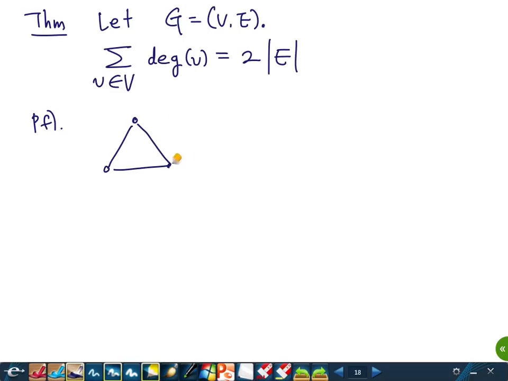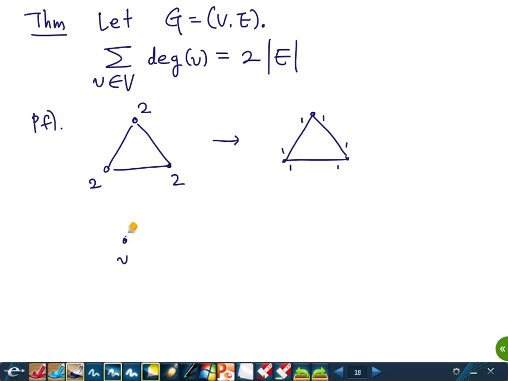Suppose we have 3 vertices like this. Here you count 2 for this vertex, right? The degree is 2, degree is 2, degree is 2. But let me distribute the number 2 so that it is 1, 1, and 1, 1, and 1, 1 like that.